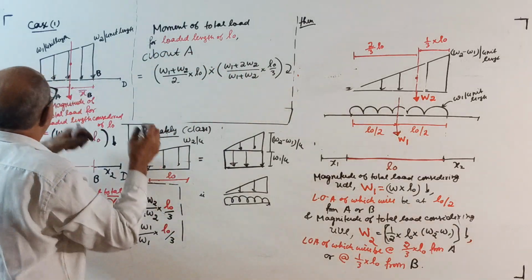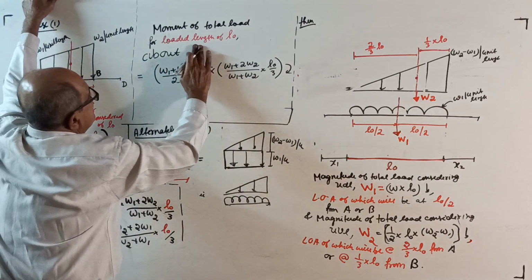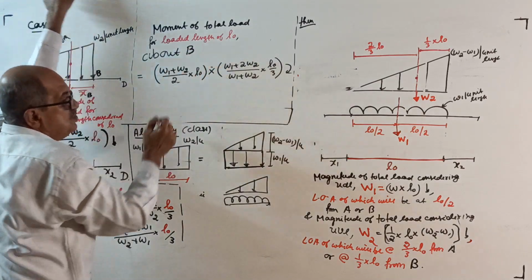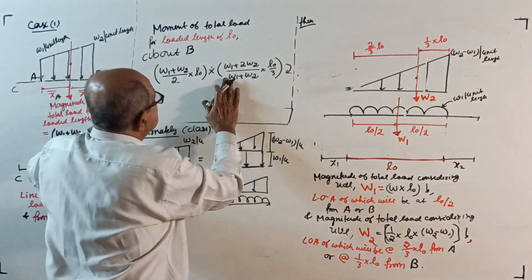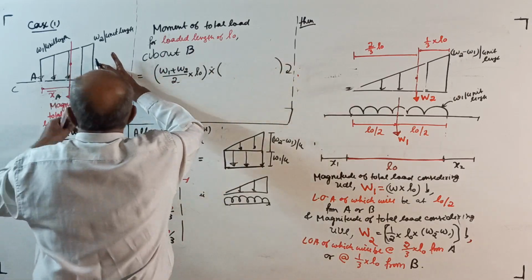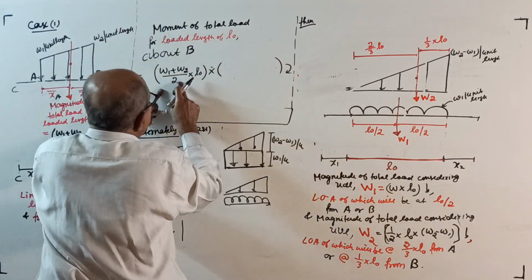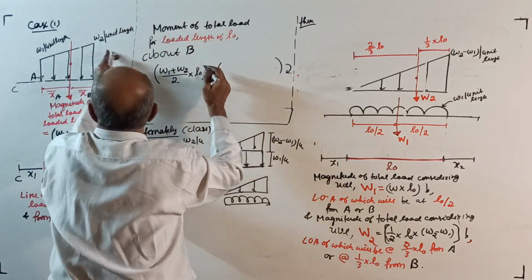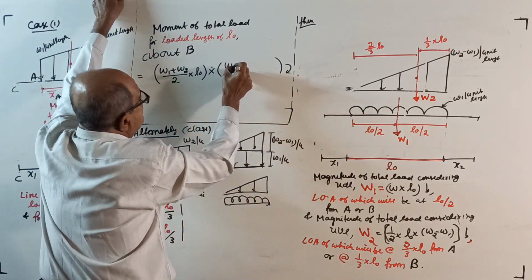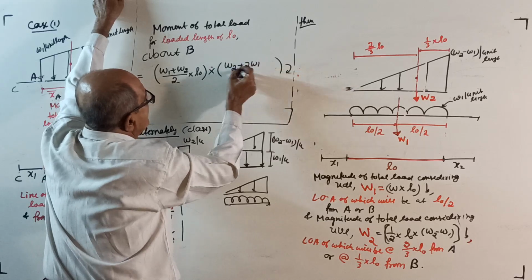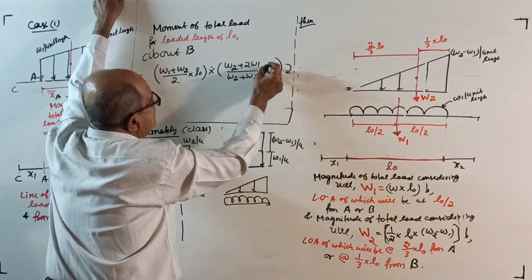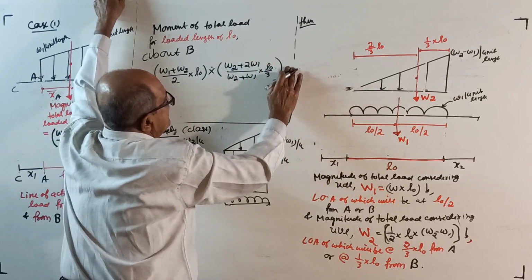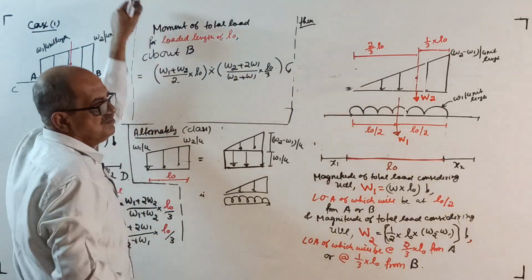Okay, now moment about B. You have to write once again below, not this way. Equal to total load once again same, into from here W2 plus twice of W1 divided by W2 plus W1 into L0 by 3, anti-clockwise. This is all told.